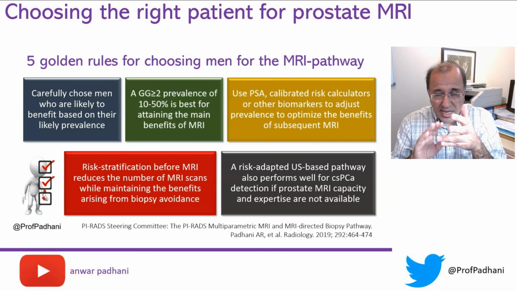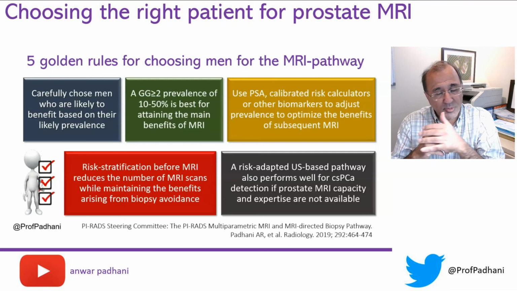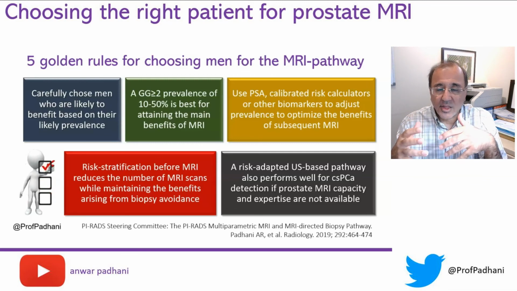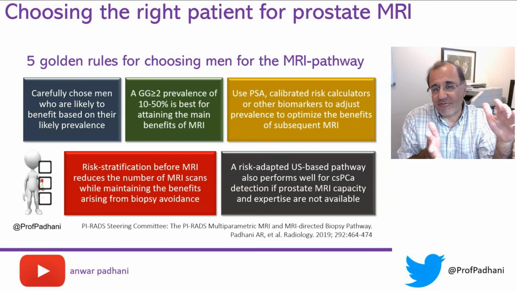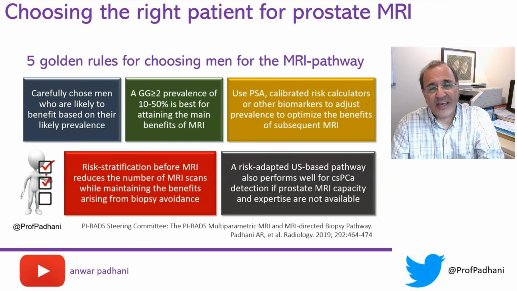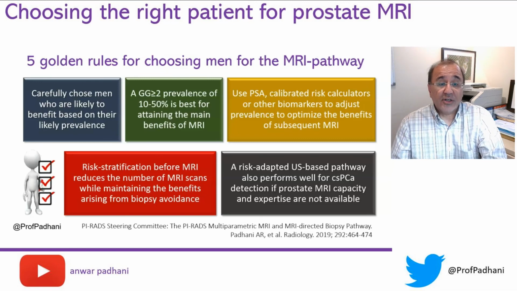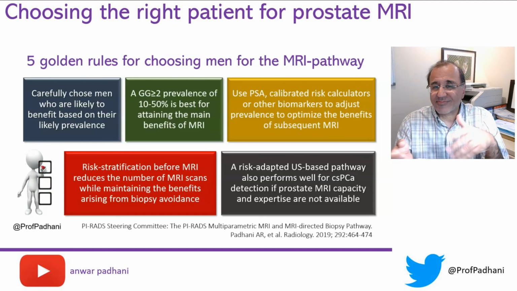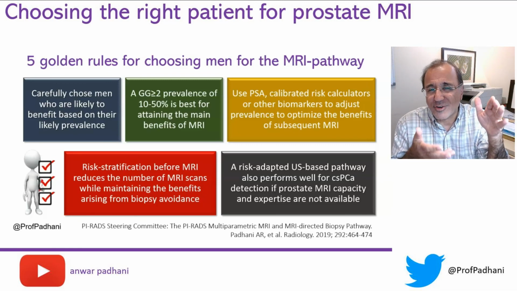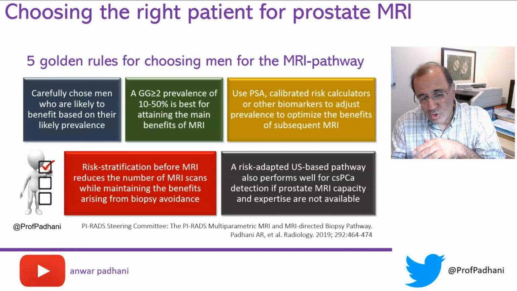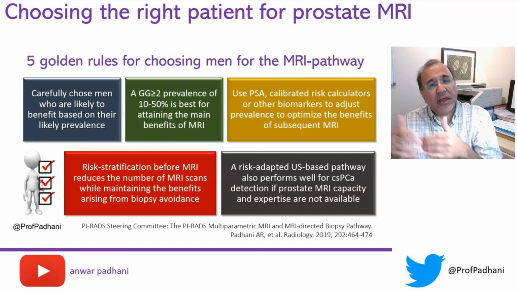You can use a risk calculator, which needs to be calibrated. You can use other biomarkers to optimize the prevalence so you can reap the benefit from the prostate MRI. Risk stratification before the MRI helps reduce the total number of MRIs that you do while maintaining the benefit from the MRI.